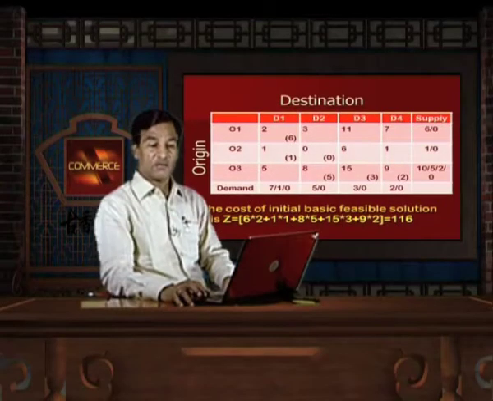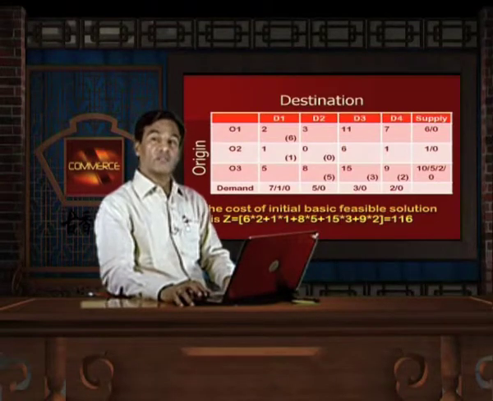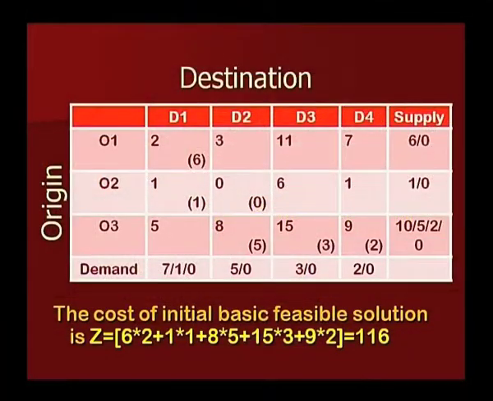In this method, we have entered the allocation to the first cell as 6, the first cell of the second row 1, the second cell of the second row 0, then in the third row the second cell 5, the third cell 3, then in the last cell 2, to get the transportation cost Z.